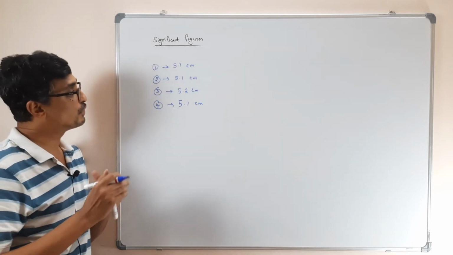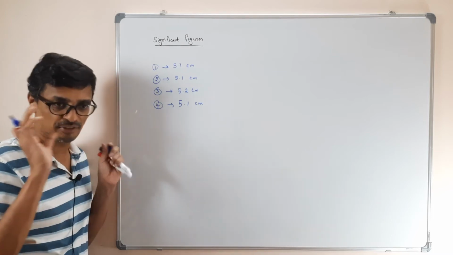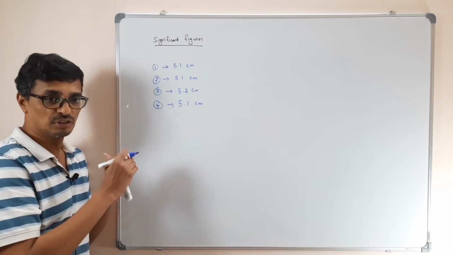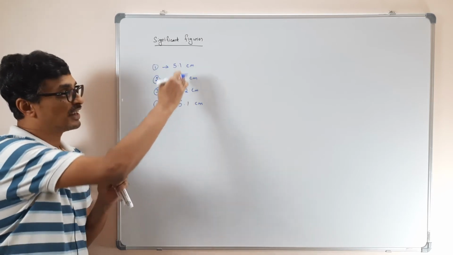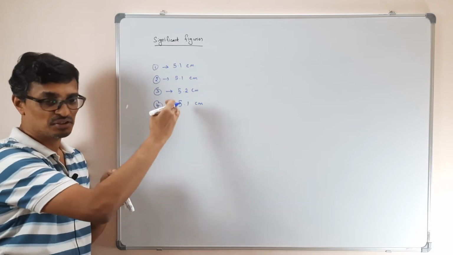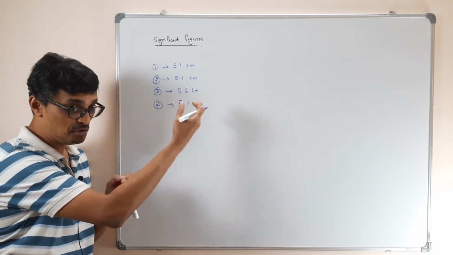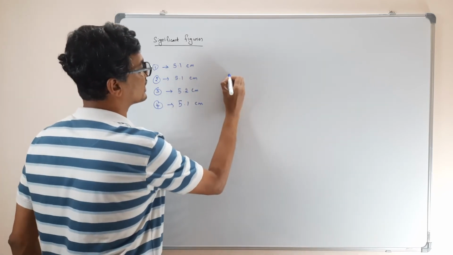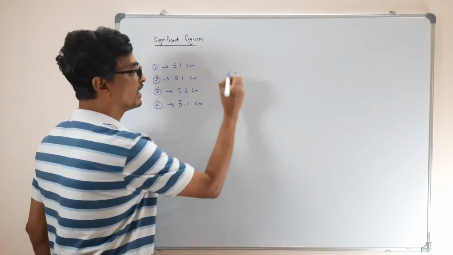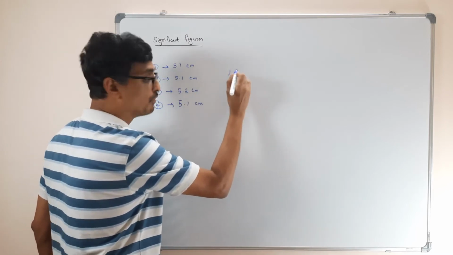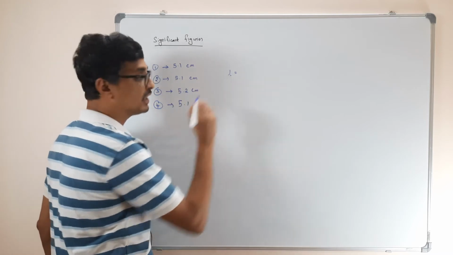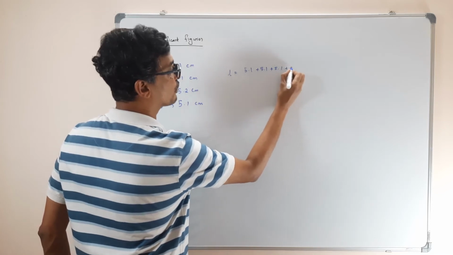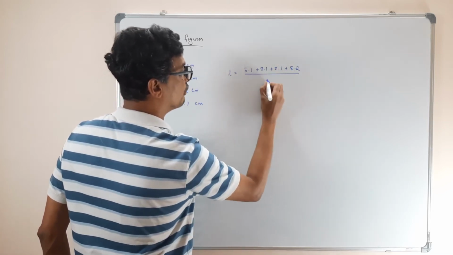Now I want to know the length of the stick in my hand. Each measurement has a difference, so what is the most probable value? That is the average. Let me call the length L. L is the average of all these numbers: 5.1 plus 5.1 plus 5.1 plus 5.2, divided by 4.